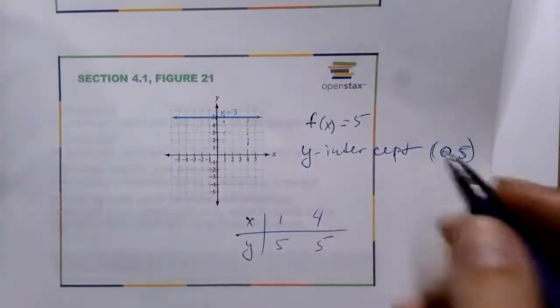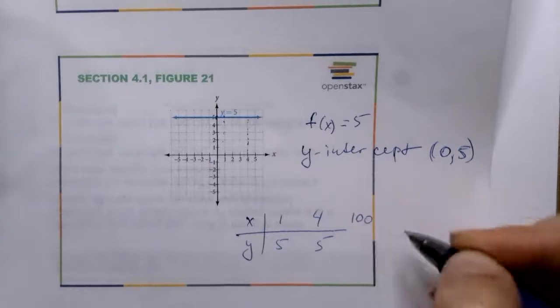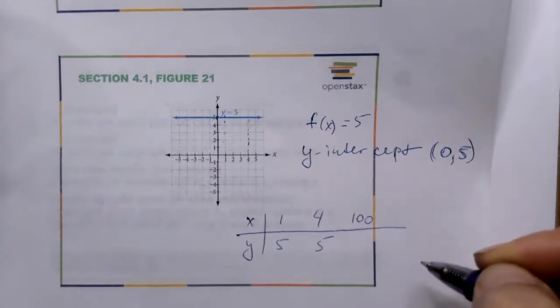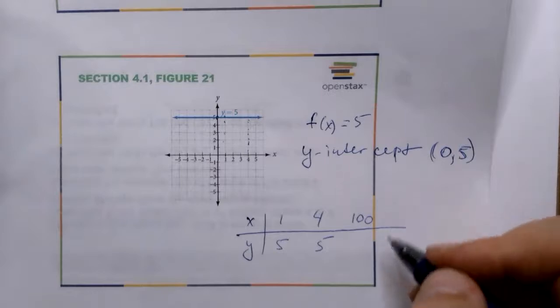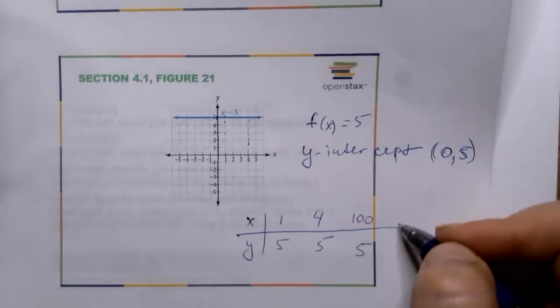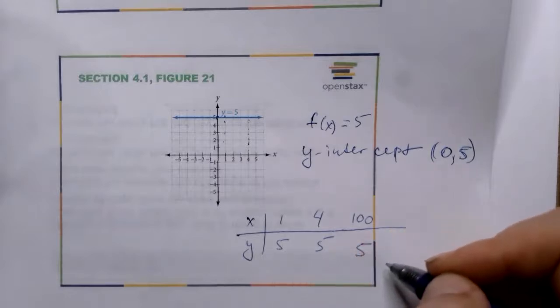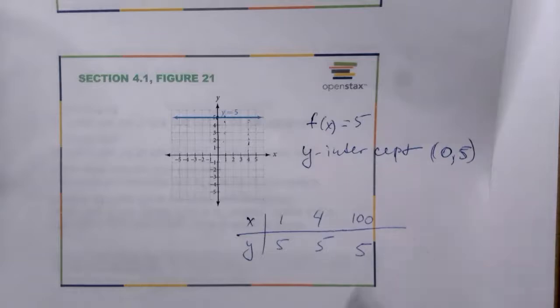So guess what y would be if the x is 100? And if you said 5, you are correct. So no matter what x is, x could be anything, the y would still be 5. That's a constant function. All right.